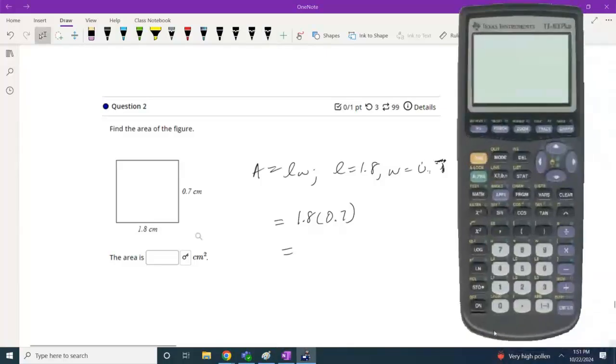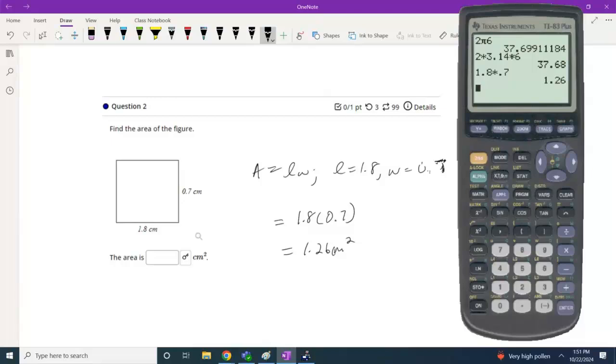Let me just make sure that is right. 1.8 times 0.7, yeah, 1.26. And since we're talking about area, it's meters or centimeters squared. But the units are given to you. All right, so anything with square units is an area measurement.